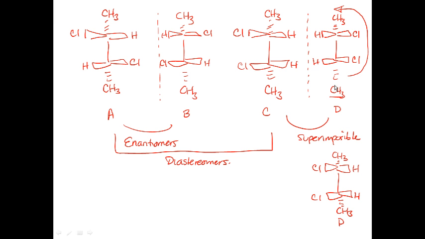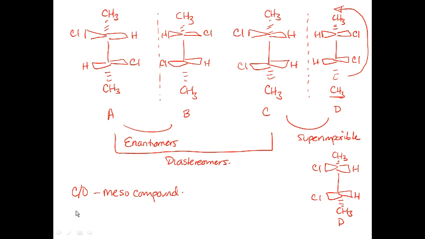So this is an example of the third type of stereochemical relationship that we have. C and D, although they're the same molecule, that's called a meso compound. And so what is a meso compound?